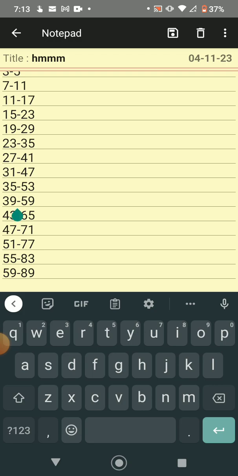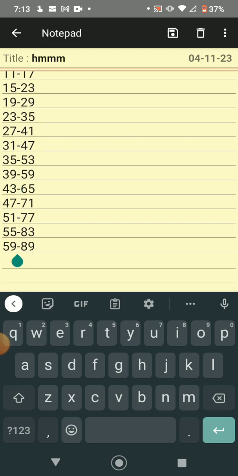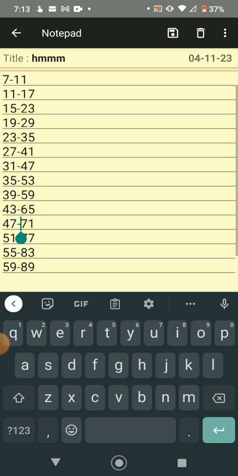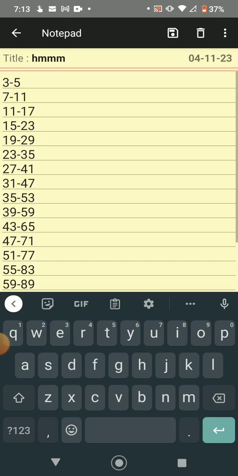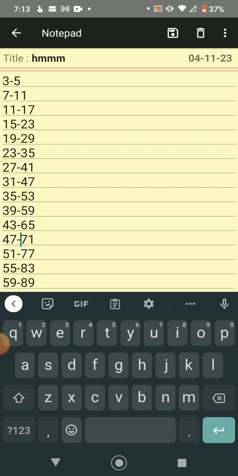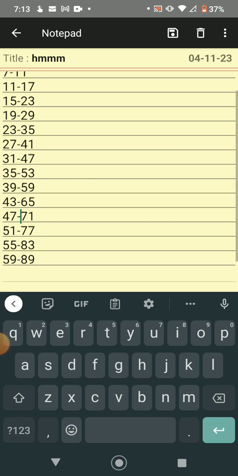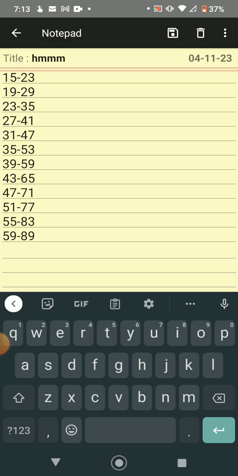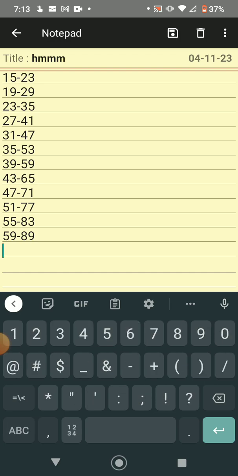39 goes to 59. 31 goes to 47. And all you have to do to go to the next one is add 4 to 59, which will be 63, and then add 6 to the output, which would be 95.